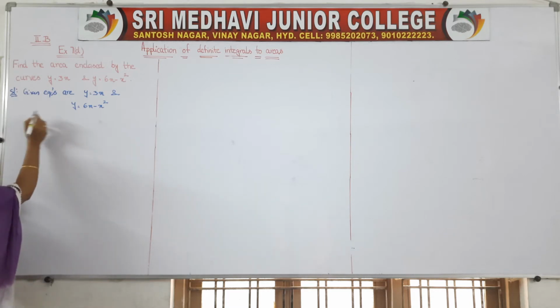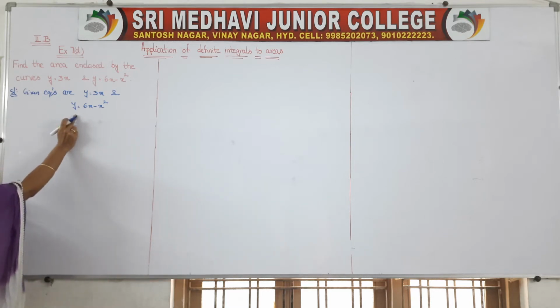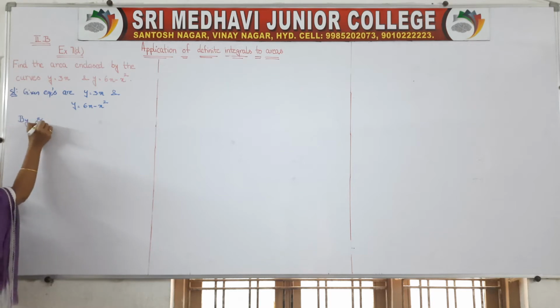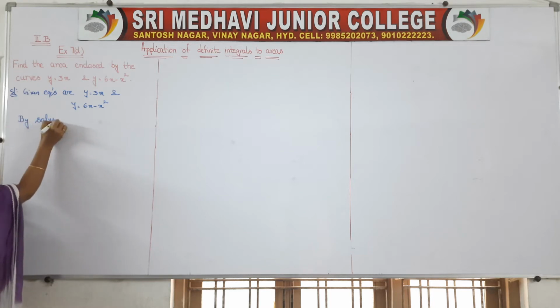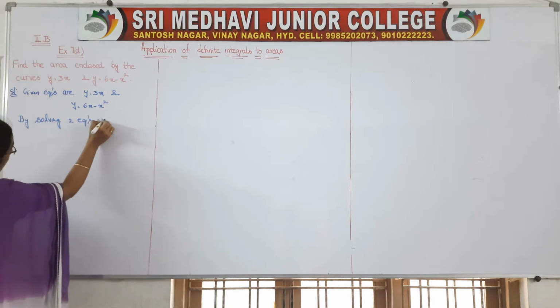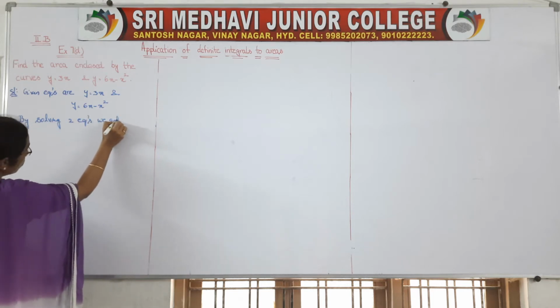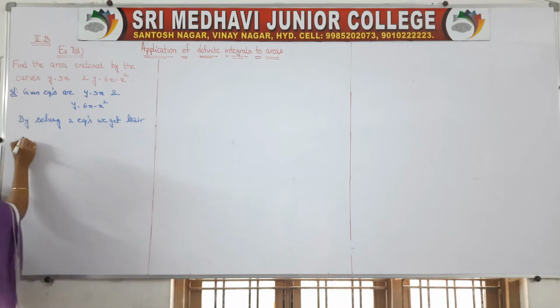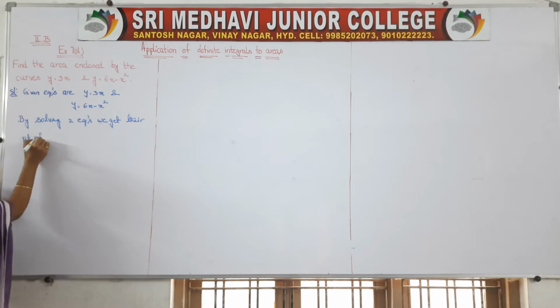So come on, we will find the point of intersection by solving these two equations. By solving the two equations, we get their point of intersection. So how will we solve?